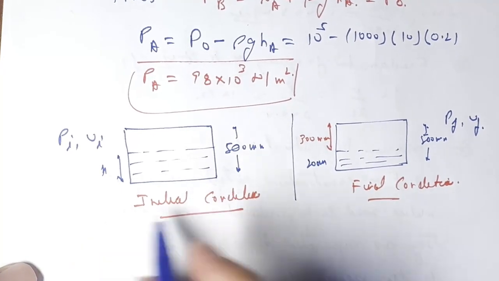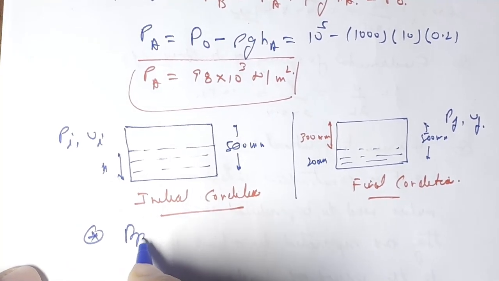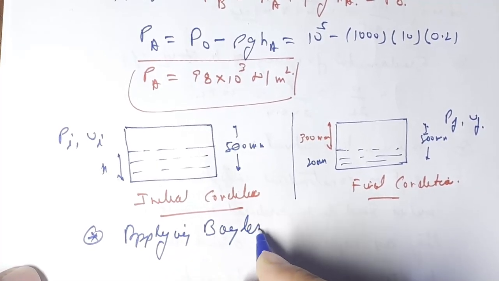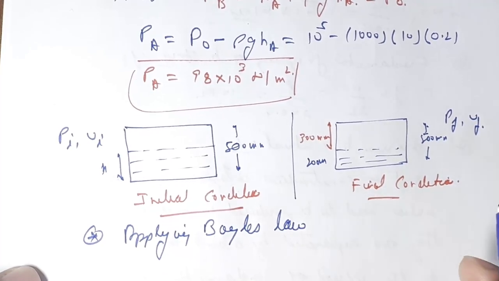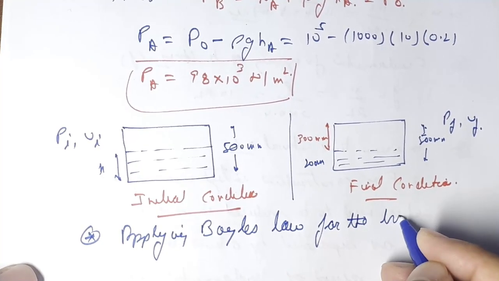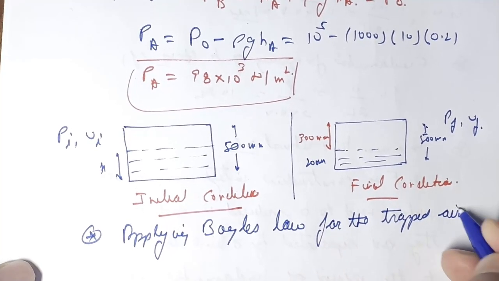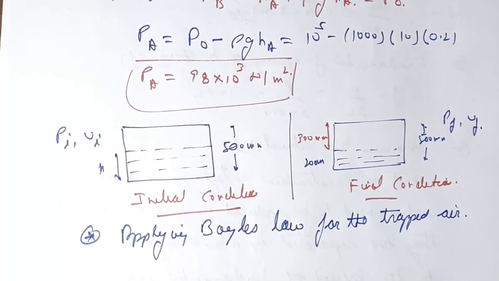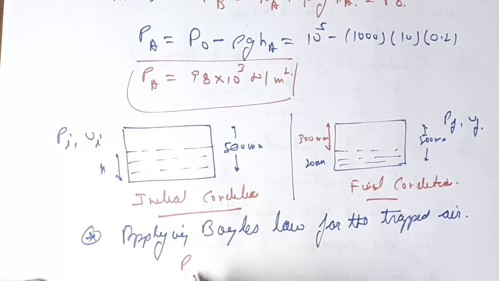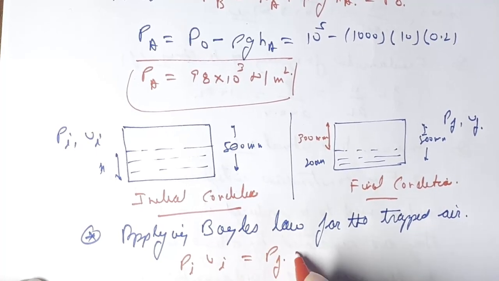So applying Boyle's law for the trapped air, for the initial and final condition, Pi multiplied by Vi is equal to Pf multiplied by Vf.